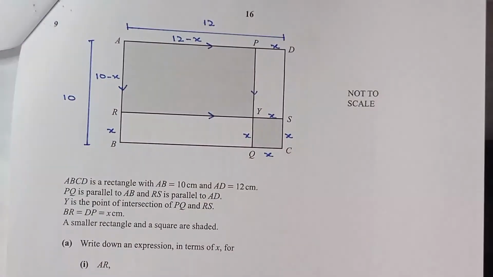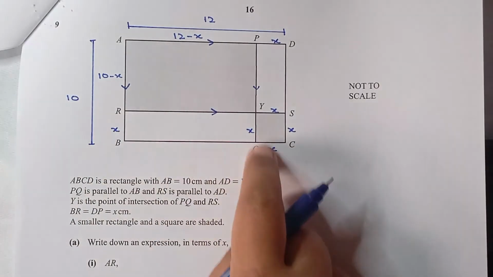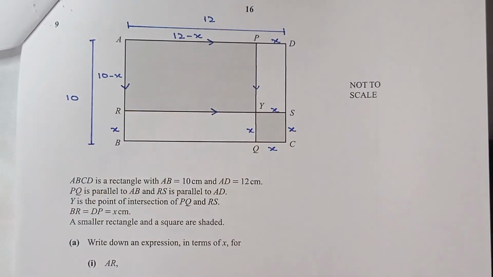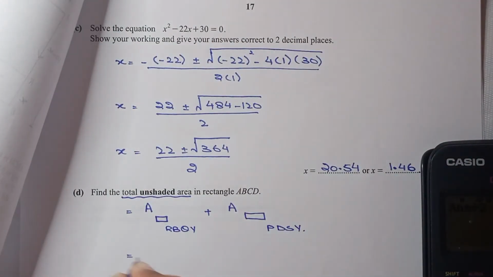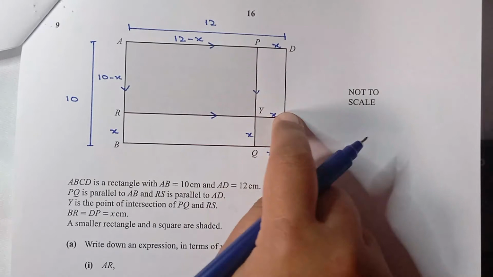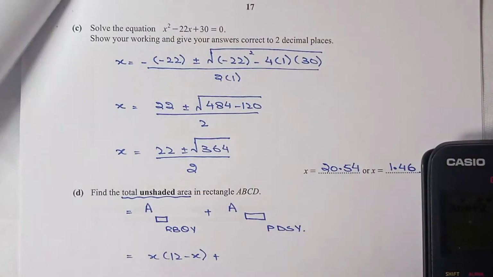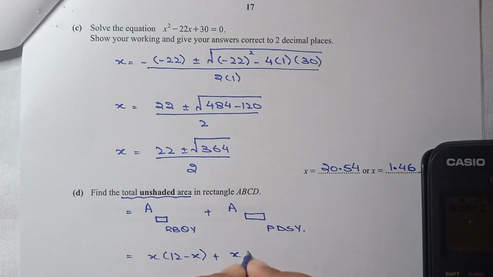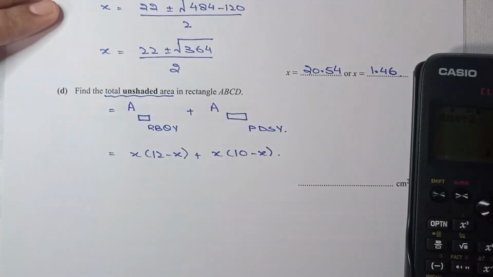Okay, so what is the area of this rectangle? This is x, and this would be 12 minus x. So this is x into 12 minus x, and the area of this rectangle is x into 10 minus x. Let's simplify it further.